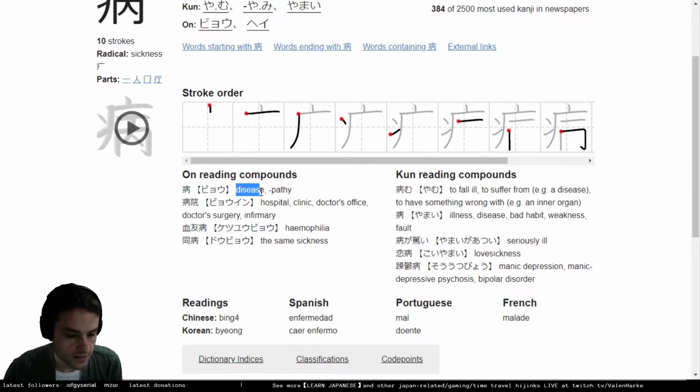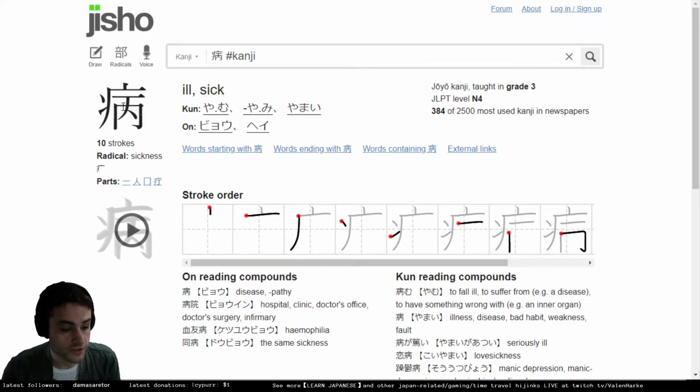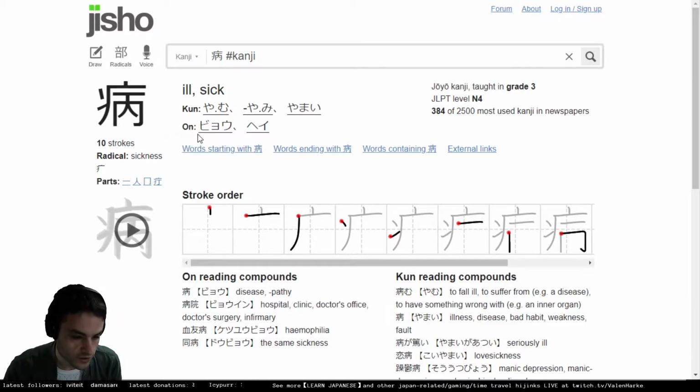Down here, disease, something pathy, right? The suffix that we'd add on to a lot of words in English. And yeah, you'll see it's got a bunch of medical terms that it's associated with down here, right? Today we're learning hospital, and it's the start of hospital, so it would be using the onyomi, the byo. But you'll see that there are other pronunciations for it depending on the word. Let's click it and see the strokes.